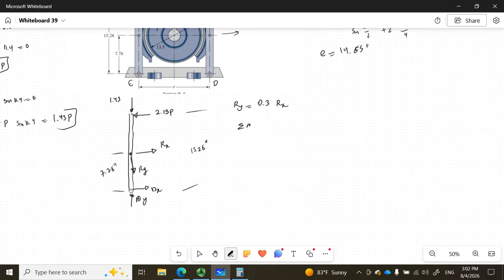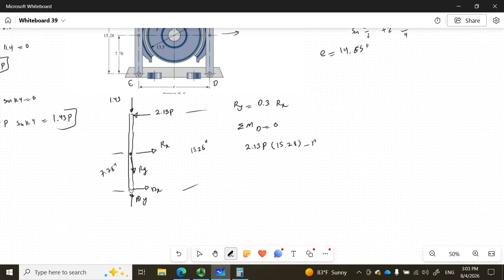Summation of moment about point D must be 0. So 2.13P going counterclockwise, what is the arm? Alright, and then who else? Rx is going clockwise. Nobody else is making moment, right?